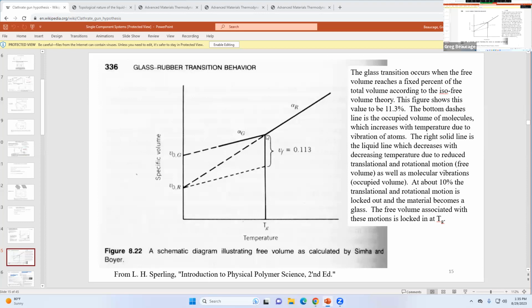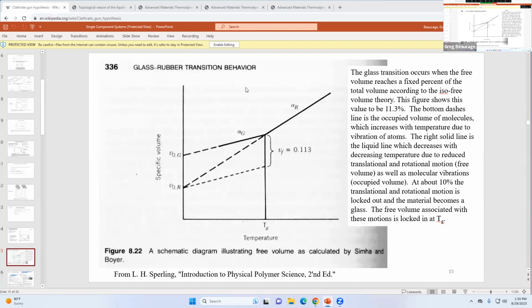The atomic space is fixed. The atom size is fixed. The Bohr radius is fixed. And as you reduce the specific volume and increase the density, they pack in closer together, which means that the free volume, the volume other than the Bohr radius volume, reduces.